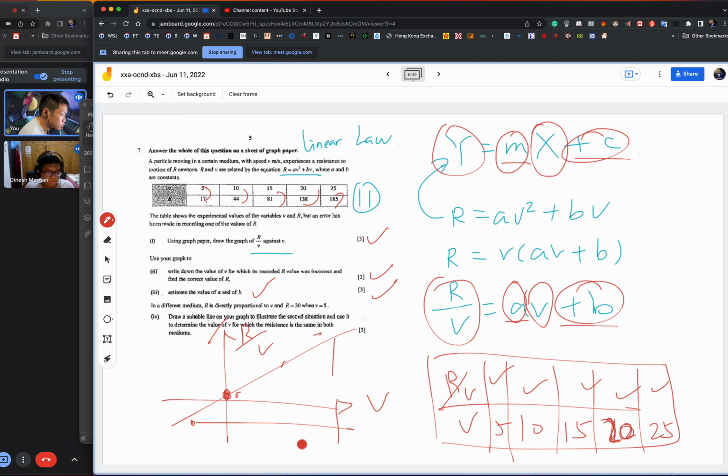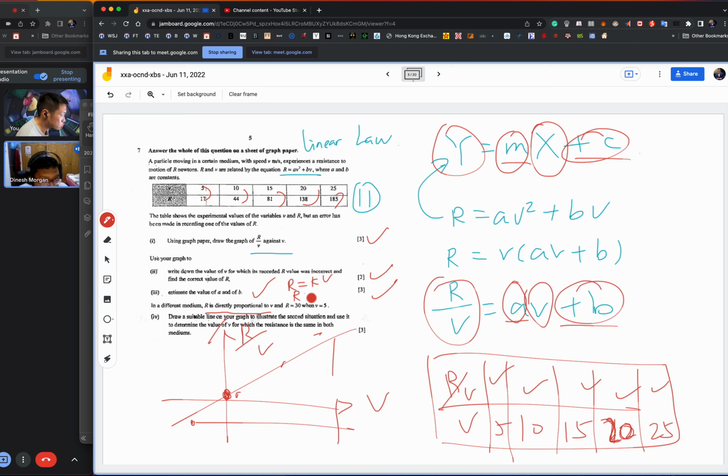So how do you draw a suitable line on your graph to illustrate the second situation? By the way, R is directly proportional to V. You know what's the meaning of this? It is R equals KV, and K is equal to 6.